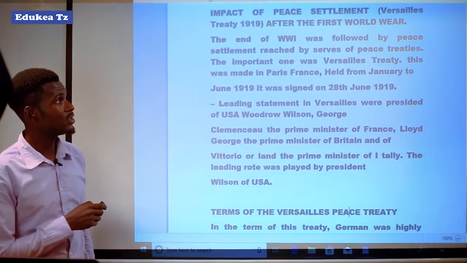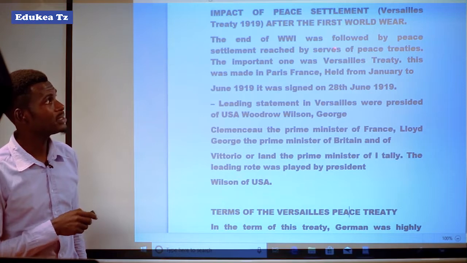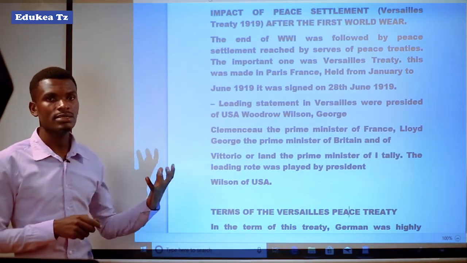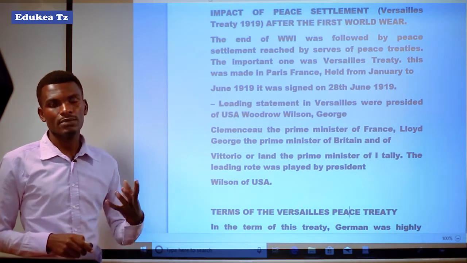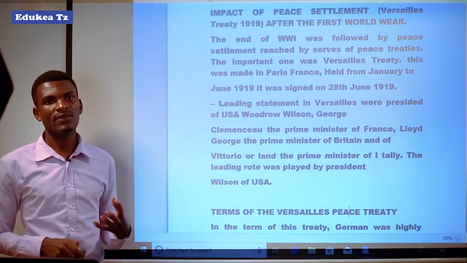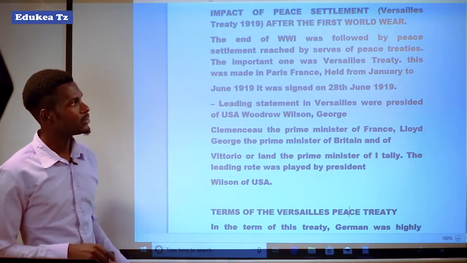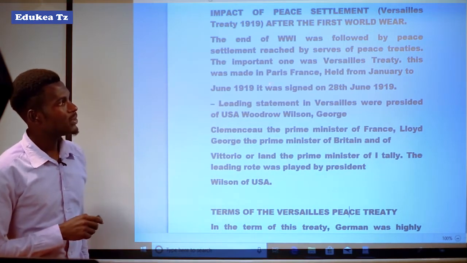The end of the First World War was followed by a peace settlement reached by a series of peace treaties, aimed at maintaining world peace and security after the eruption of the First World War in 1919. This was made in Paris, France.